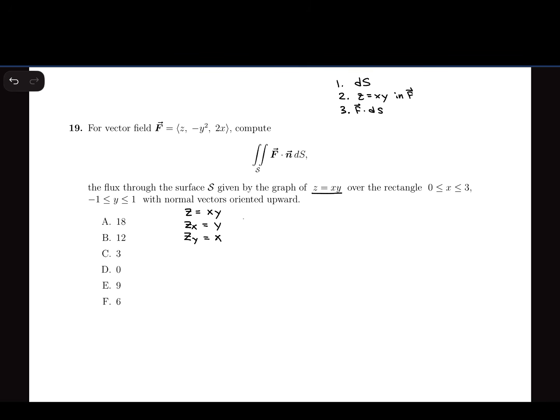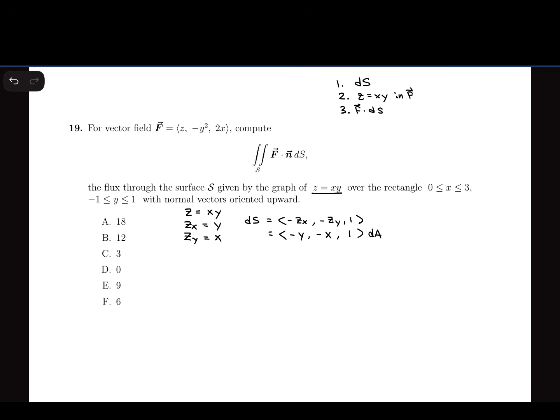So in order to find this, remember that the normal vector is negative z sub x, negative z sub y, and just 1. So when we plug that in, you get negative y, negative z, and then 1. Sorry, not negative z, negative x, and then 1. Okay, so that is your normal vector.